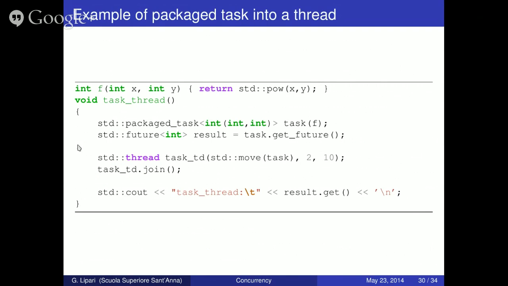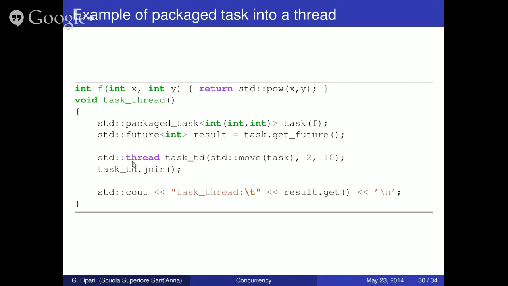So suppose you have a function that takes two arguments, x and y, and computes the power of x elevated to y. And you create a packaged task which basically wraps this function. Very simple. Then you can obtain the future with task.get_future.